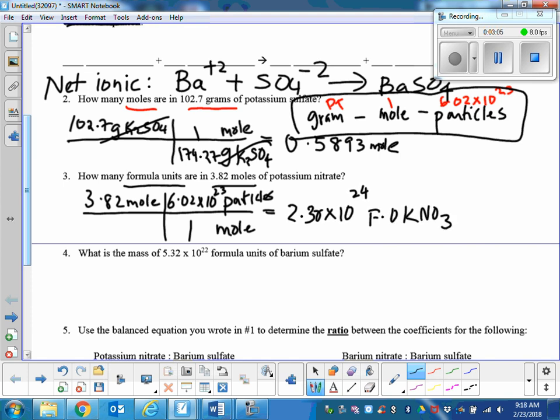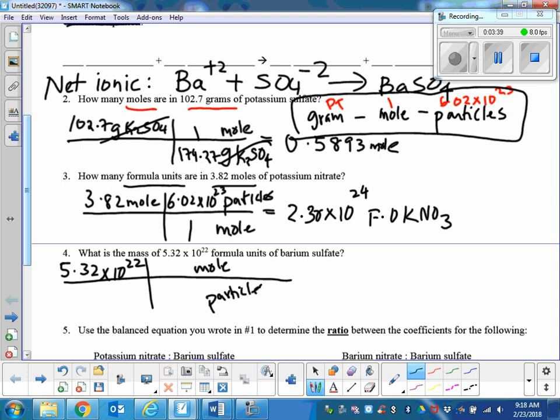Correct? Yes or no? The third problem, I'm going from formula units all the way to grams. Is that correct? Is it a two-step process? Yes or no? So, I am starting with my formula units. What do I convert my formula units into first? Into moles. And I cancel out my particles.